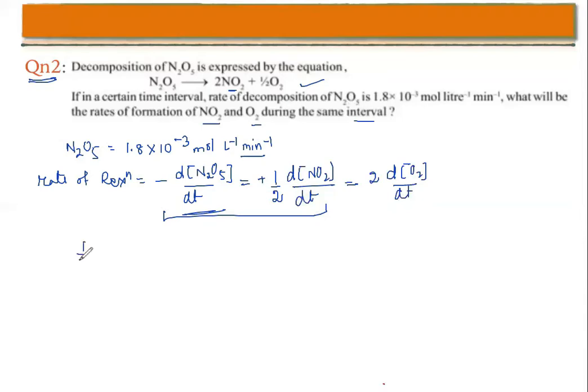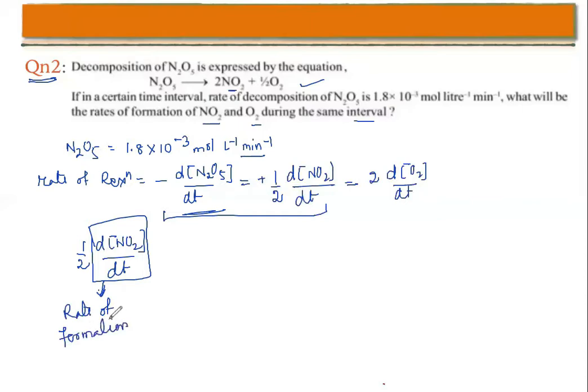So I'm writing here 1 by 2 d NO2 divided by dt. So what is this factor? This is rate of formation of NO2. So that is equal to the value of this.